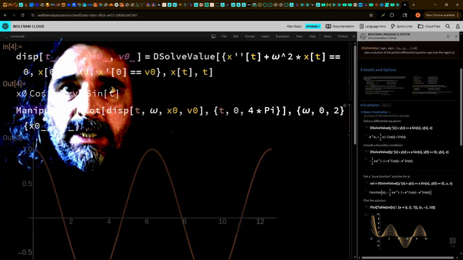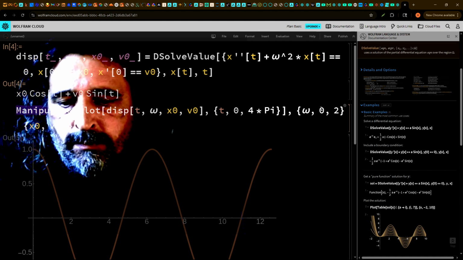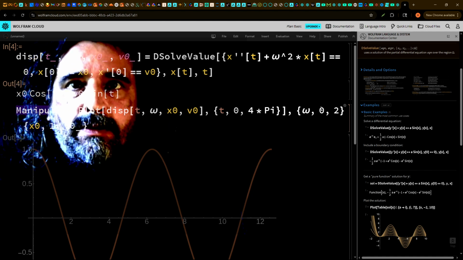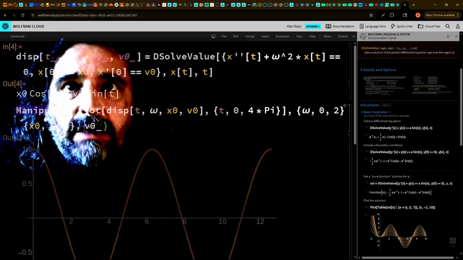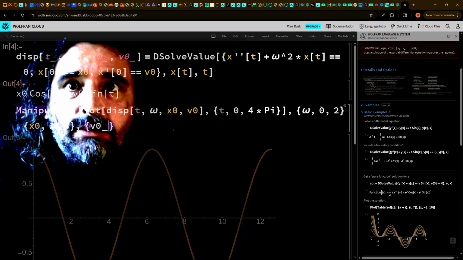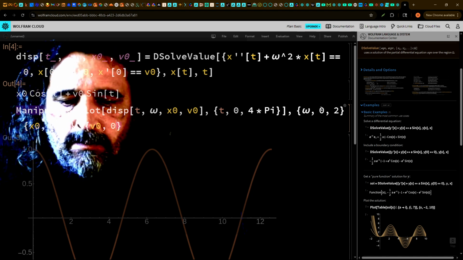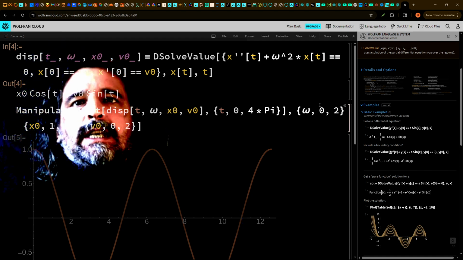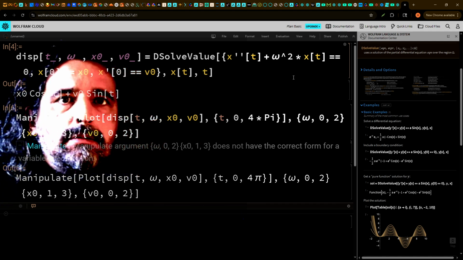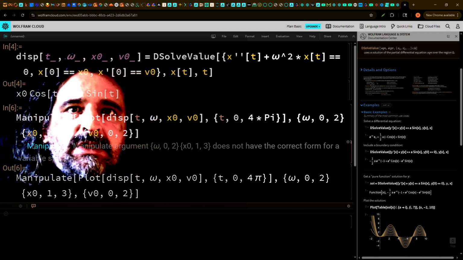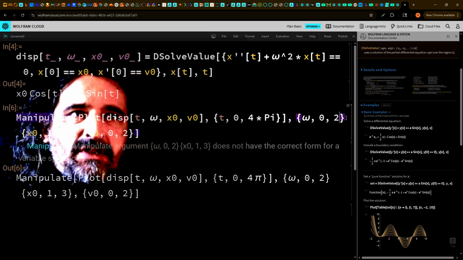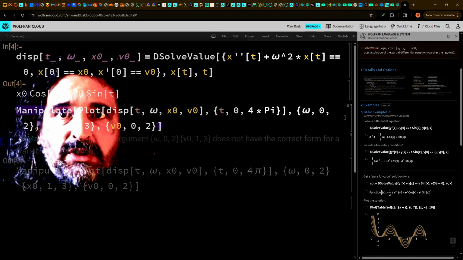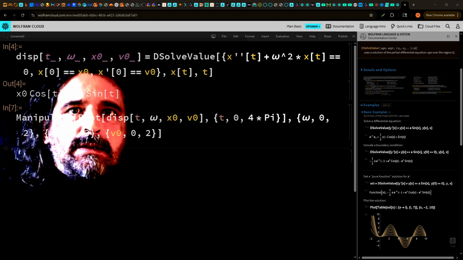X naught, I'm gonna vary it between 1 and 3. And v naught, I'm gonna vary it between 0 and 2. And then what we're gonna get is a kind of little box. Oh, I forgot this stuff here. Put a comma there, and now it is there.